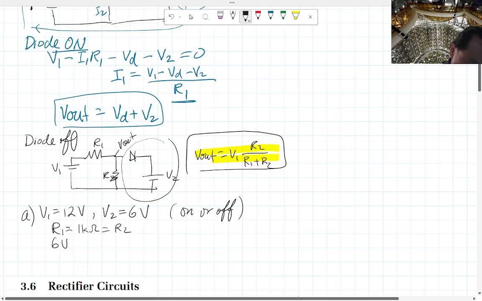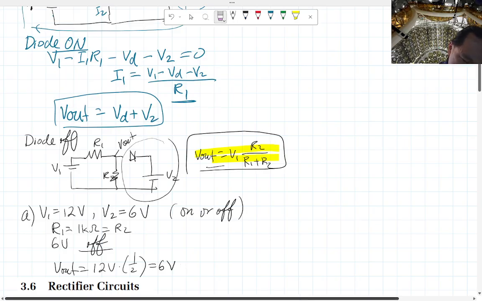So that's not going to be 0.7 volt above V2. Therefore, in this case, the diode is off. So the answer to V out, you apply the off version of it. So V in, which is 12, and then R1 over R2 is going to give you that one factor of 1/2. So you're going to get 6 volt. That's what V out is going to be.